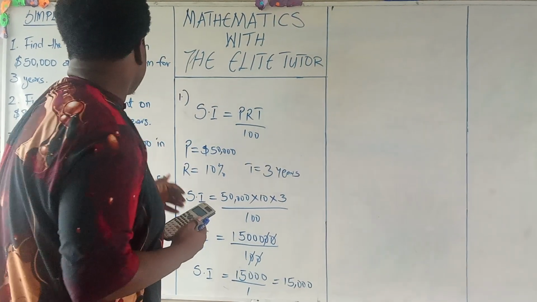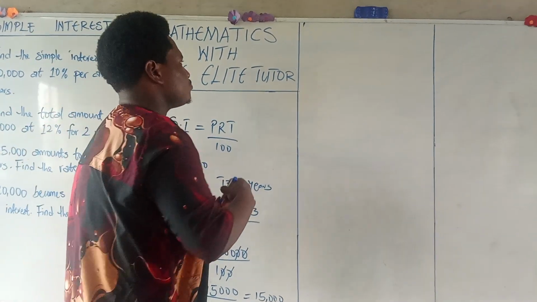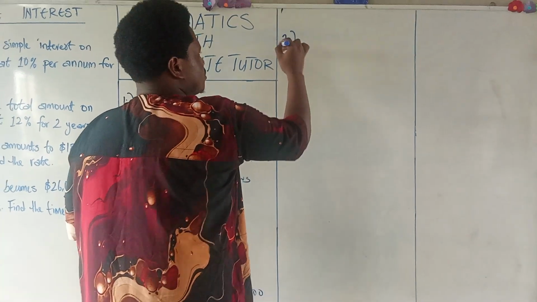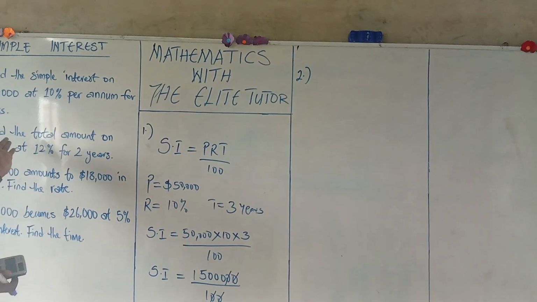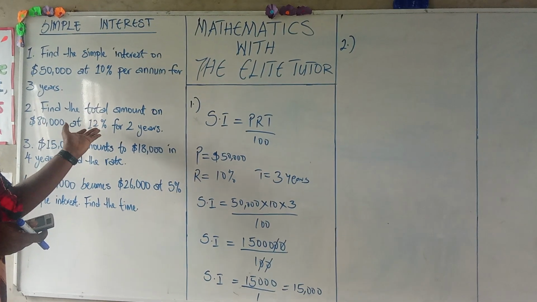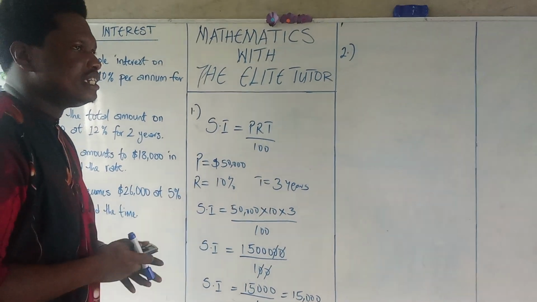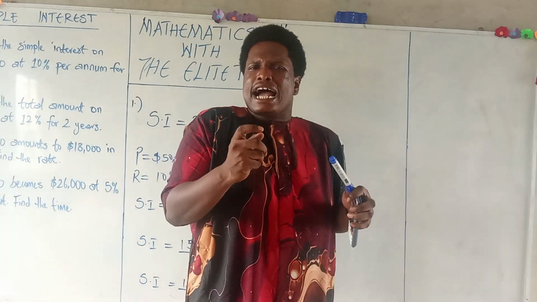Let's move over to example 2. Example 2 says, find the total amount on $80,000 at 12% for 2 years. Now example 2 is telling us that we should find the amount.